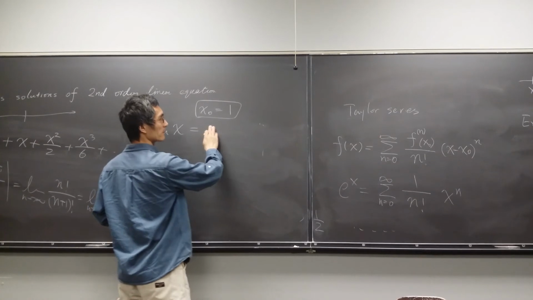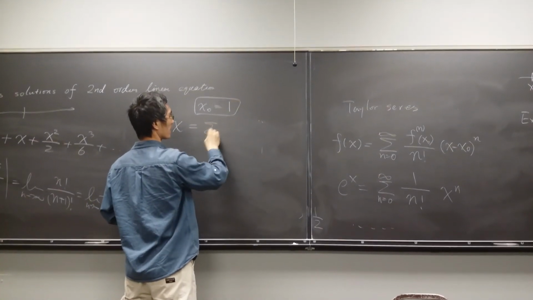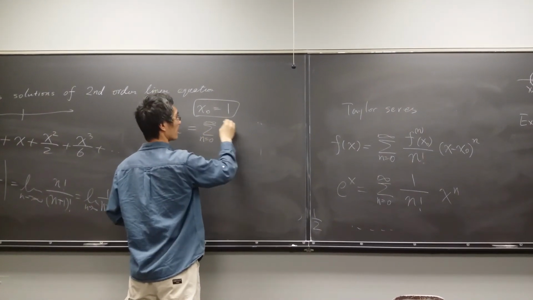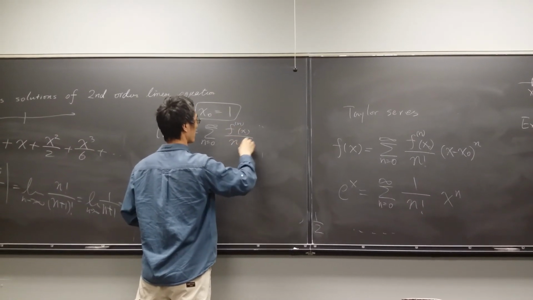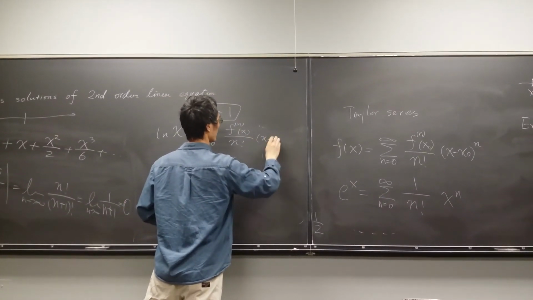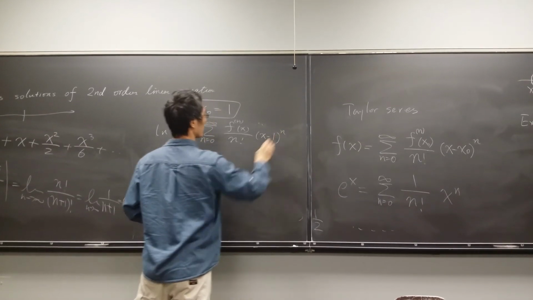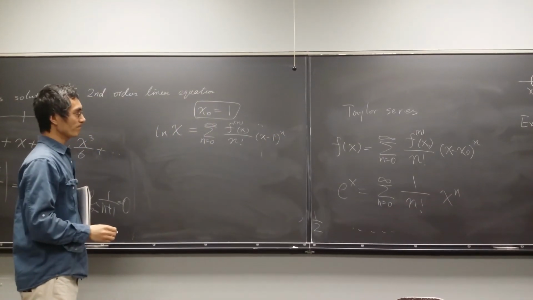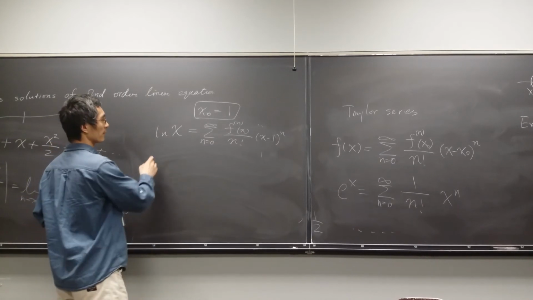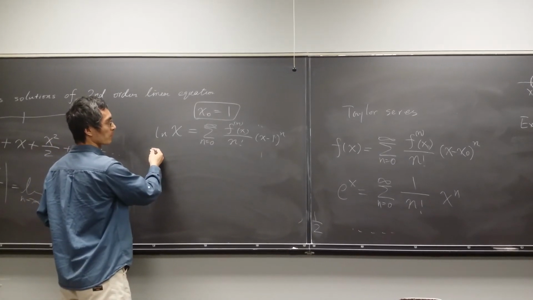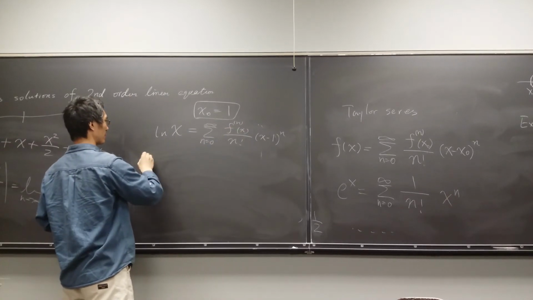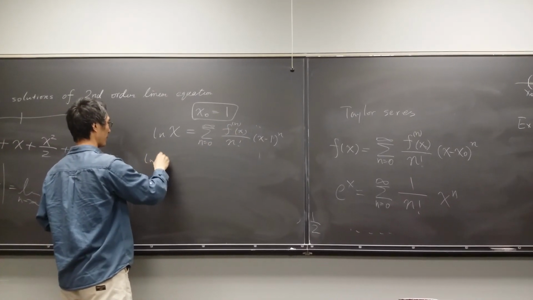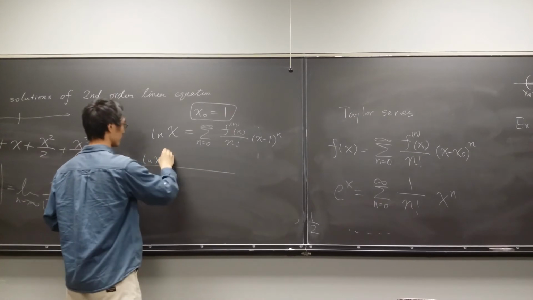So let's do the summation. This is 1 now. All right, so what is this? We need to find all the derivatives of this function, right? So log x, let's take its derivative.